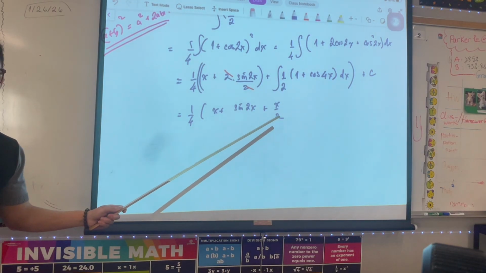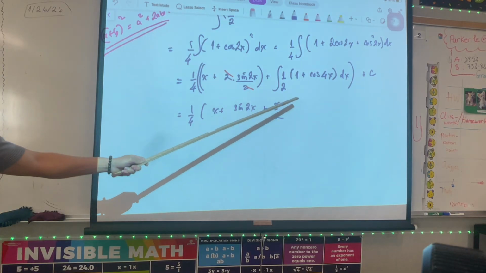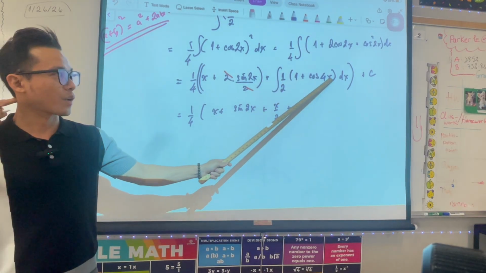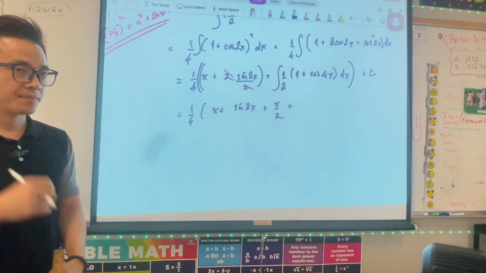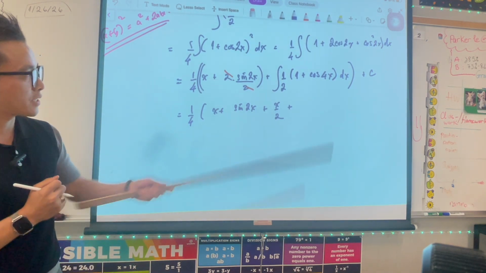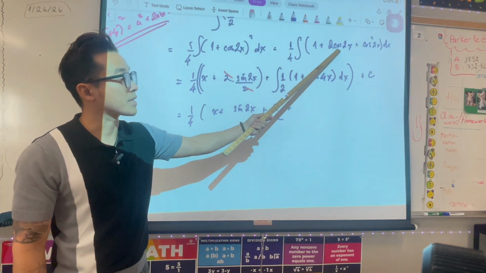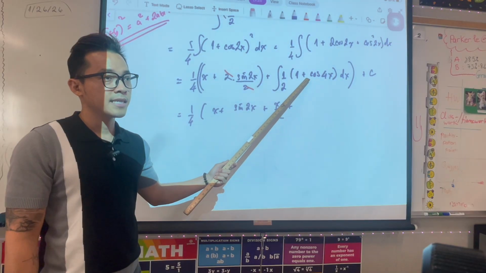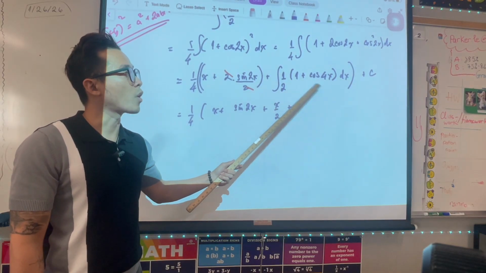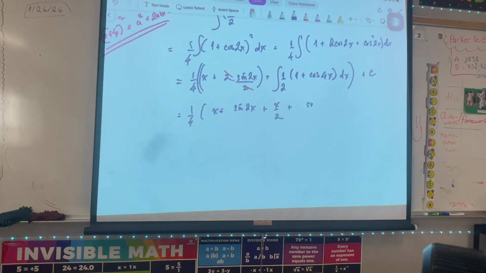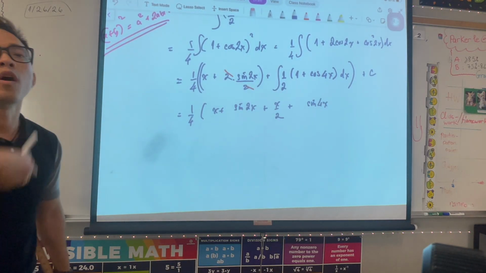Plus the integral of 1/2 cosine 4x. What is the integral of cosine 4x? You just did the integral of cosine 2x already. Same thing for this. Okay, the integral of cosine 4x is sine 4x over 4.